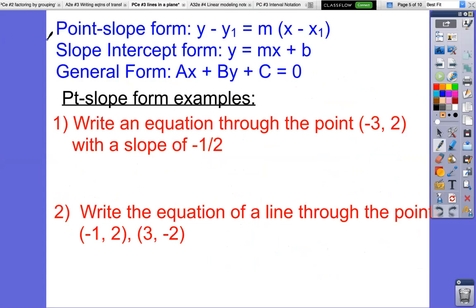So here are the formulas that we're going to be using. We'll talk about all of these in just a second. The first one, I'm going to stop here for about a minute and a half, and I want you to do 1 and 2.